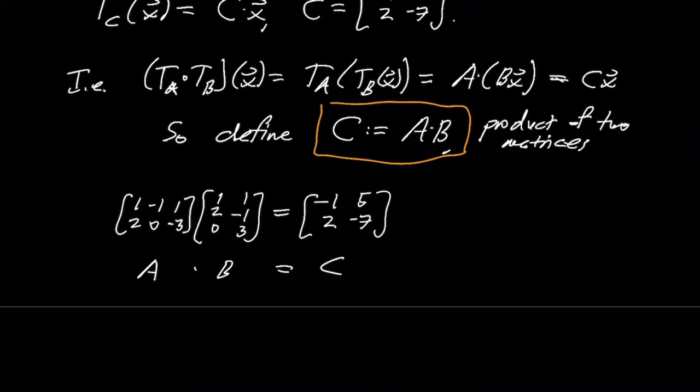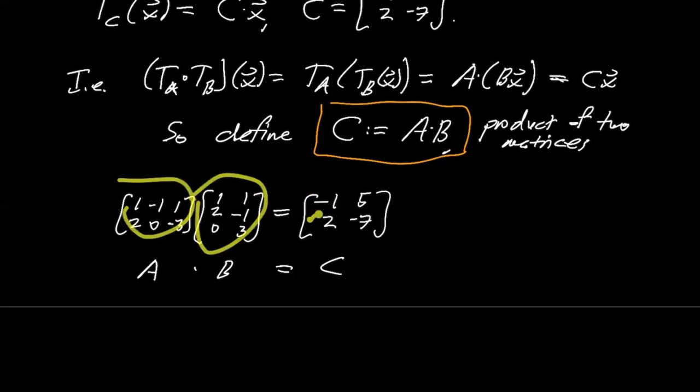And you might ask yourself, what are these formulas? There's a couple of different ways to go about this. For example, where does this -1 come from in terms of the numbers in A and B? Where does this 2 come from in terms of the numbers in A and B?